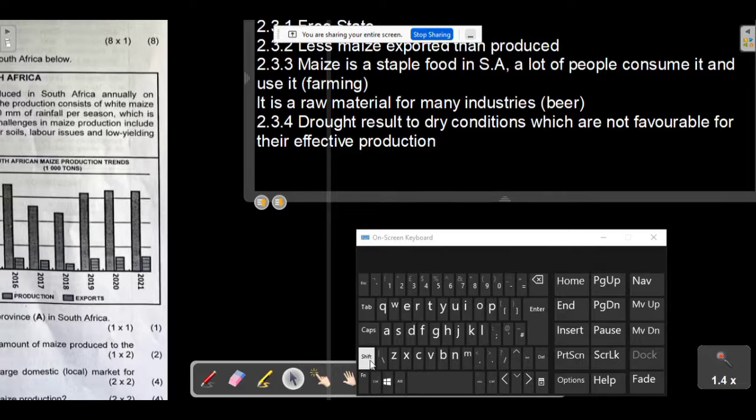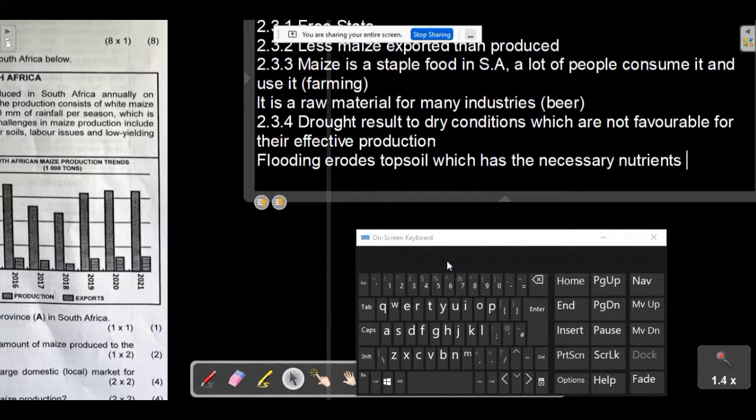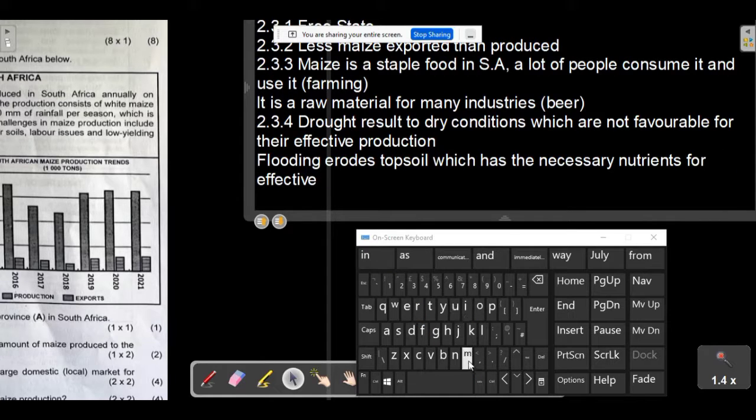Then flood erodes soils, especially topsoil, which has the necessary nutrients for effective maize production.